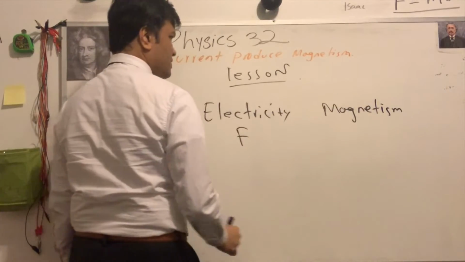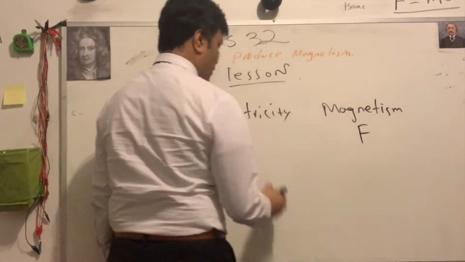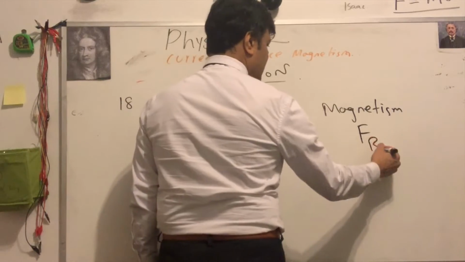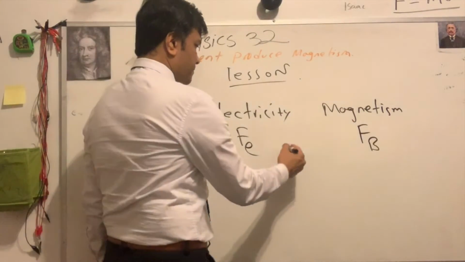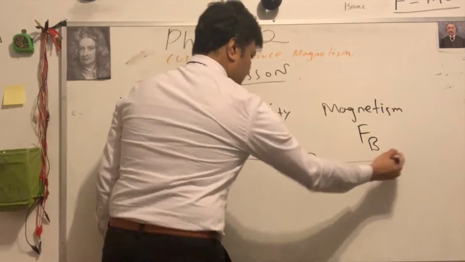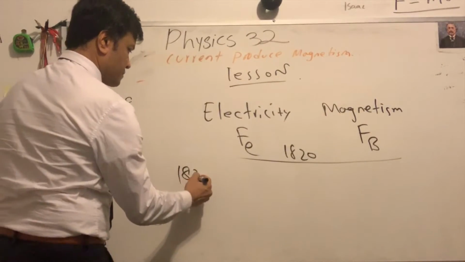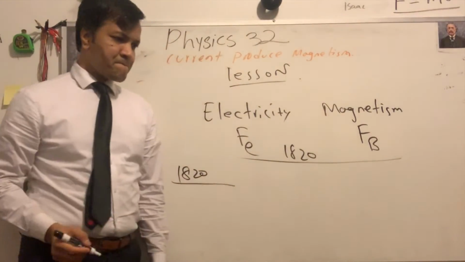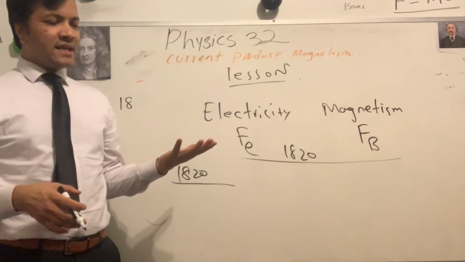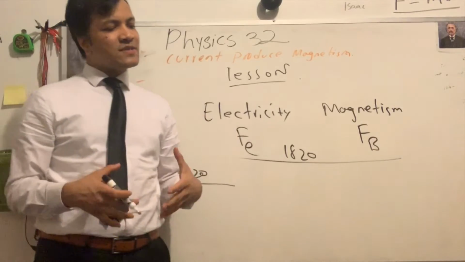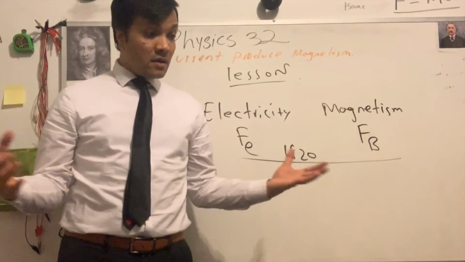This is electric force and this is magnetic force. In 1820, Hans Oersted, a Danish man, was teaching physics.